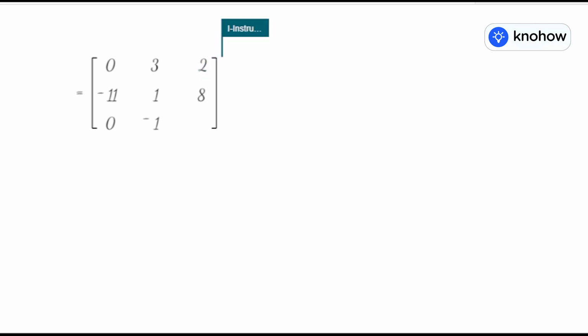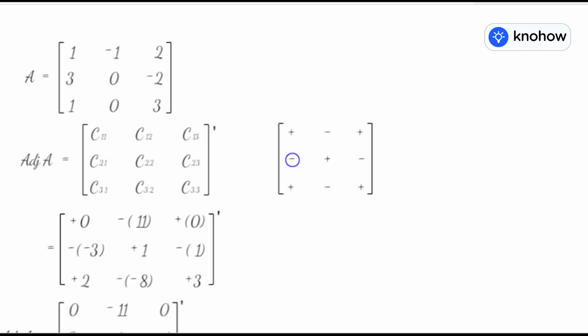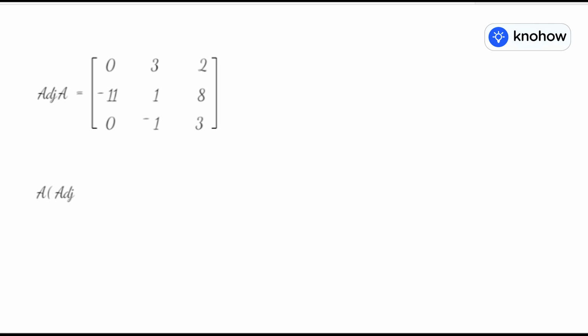But this is not a question of finding adjoint A. We have to yet work out A into adjoint A as well as adjoint A into A. So let me work out at least A into adjoint A. No doubt there are a lot of calculations and these are lengthy questions, but please keep patience. Write A. What is A? 1, negative 1, 2, 3, 0, negative 2, 1, 0, 3.